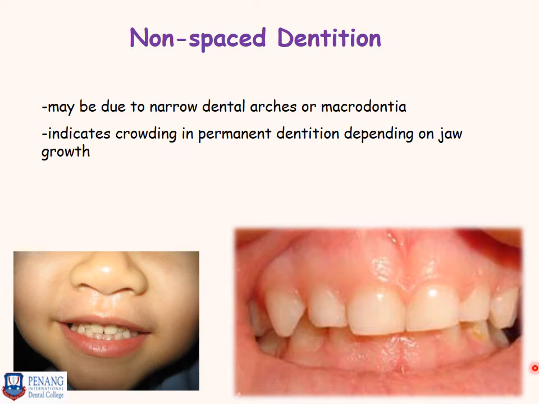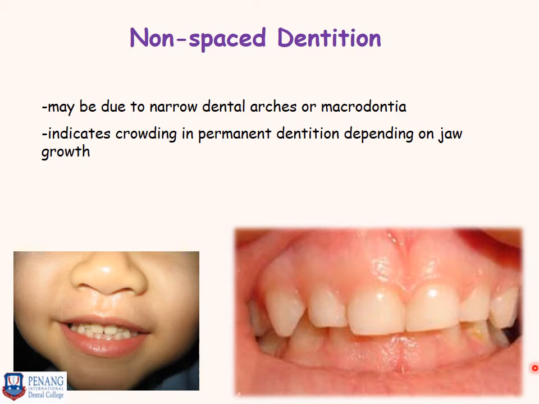So we have discussed the spaced dentition. Now, talking about the non-spaced dentition, there are no spaces. The maxillary or mandibular arches are narrow, or the teeth are larger than normal. This indicates there may be crowding in the permanent dentition depending upon the jaw growth.